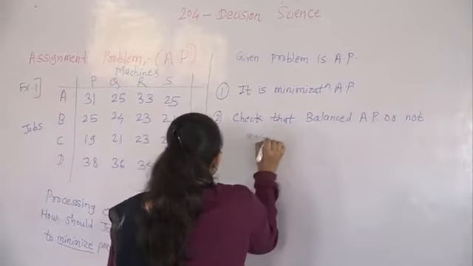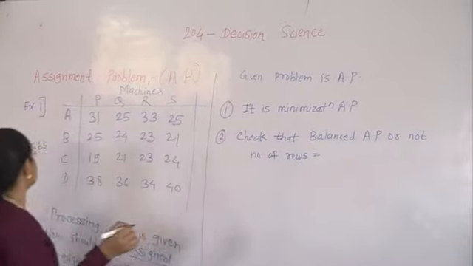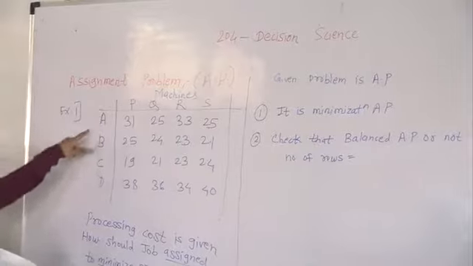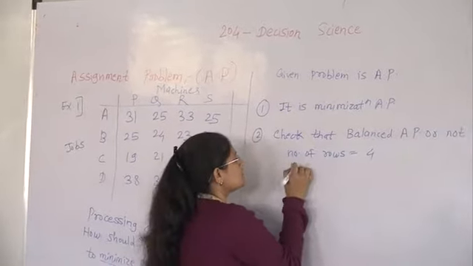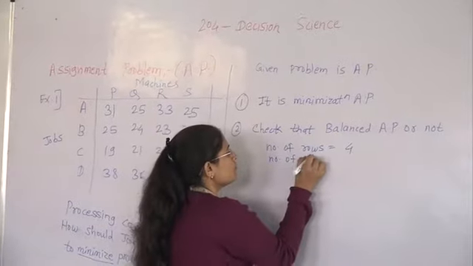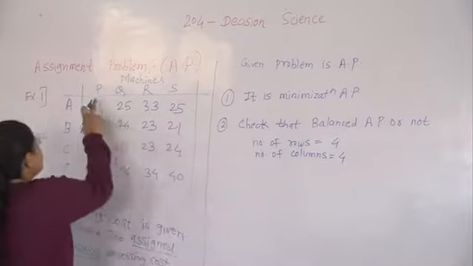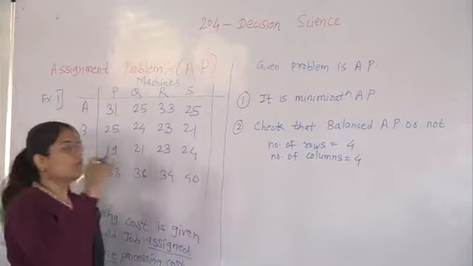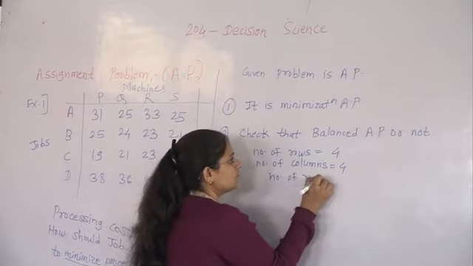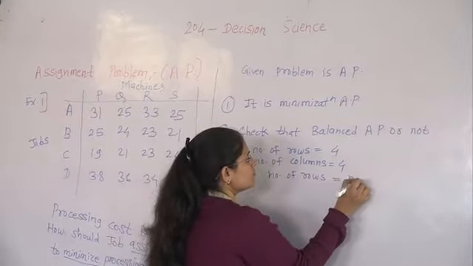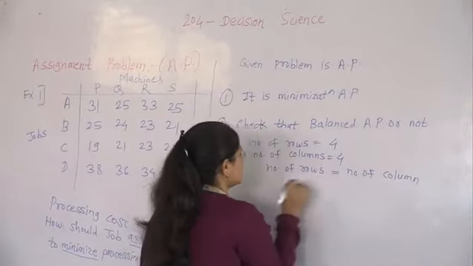The number of rows is 1, 2, 3, 4. The number of columns is 1, 2, 3, 4. The number of rows is equal to the number of columns, so it is a balanced assignment problem.